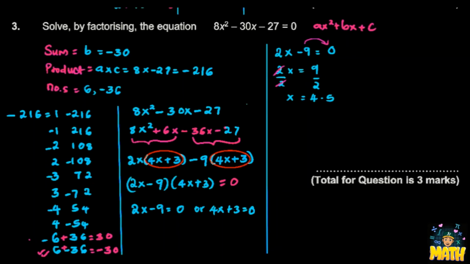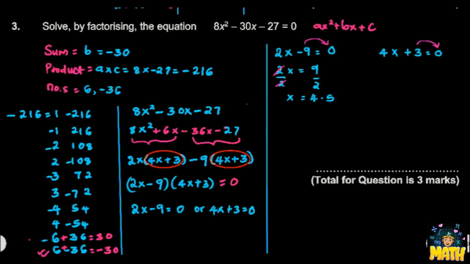So if 4x plus 3 equals 0, then I need to solve for the value of x. So I'll start by taking the 3 to the other side. This is a positive, so when it goes to the other side, it becomes a negative.